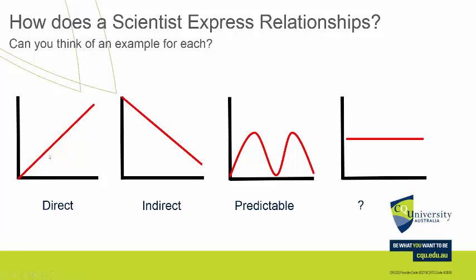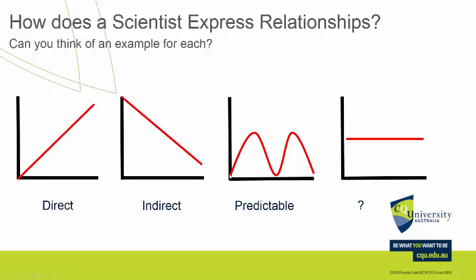So what is a direct relationship? Can you think of an example? What about pollution versus population? What is an indirect relationship? What is a predictable relationship?